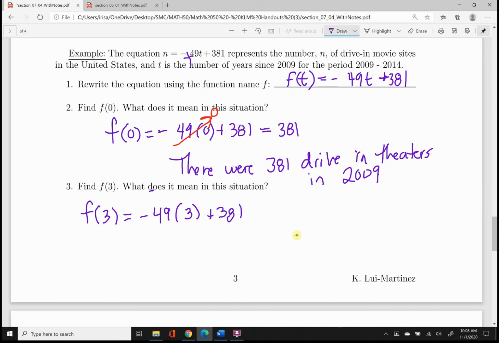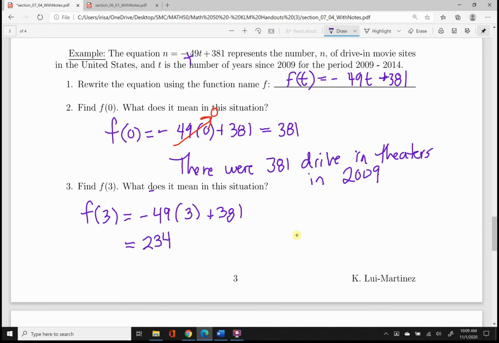Having a negative slope, in fact negative 49 is the slope, that's how many drive-in theaters are lost every year. So negative 49 times 3 equals negative 147. We subtract that from 381, and we get 234 left.